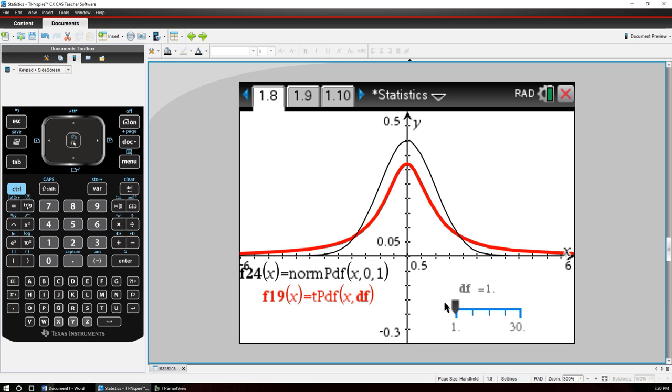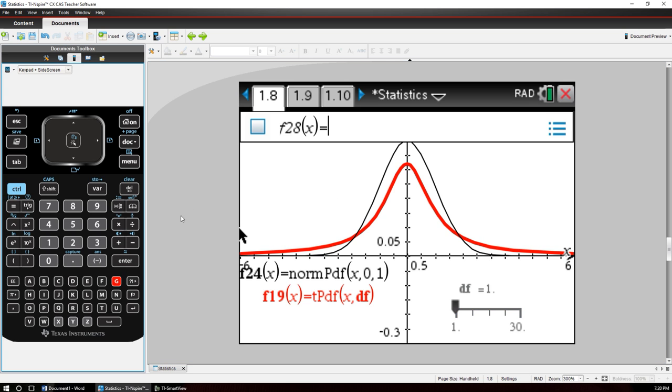And you see, with degrees of freedom 1, they're a little different, but as we get that degrees of freedom bigger and bigger, the TPDF gets closer and closer to the normal PDF.